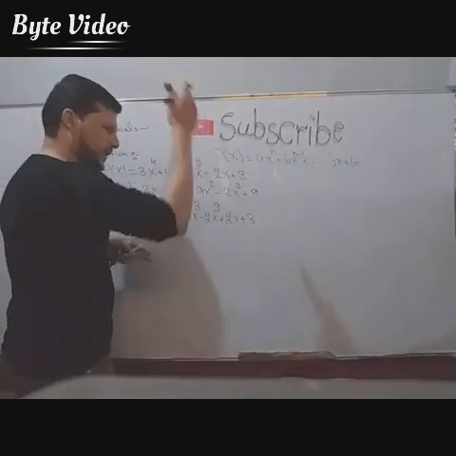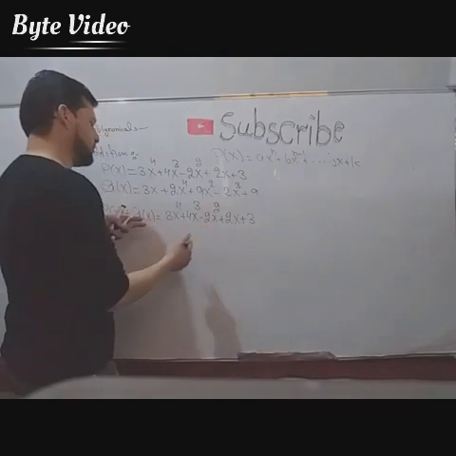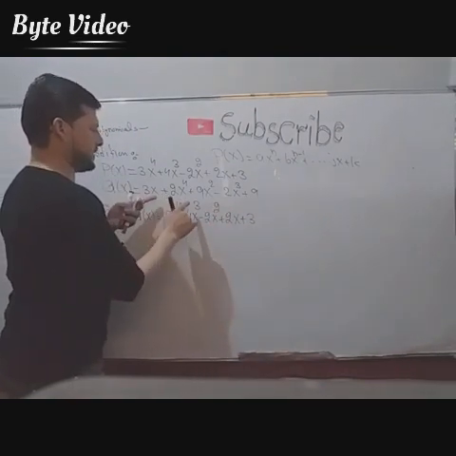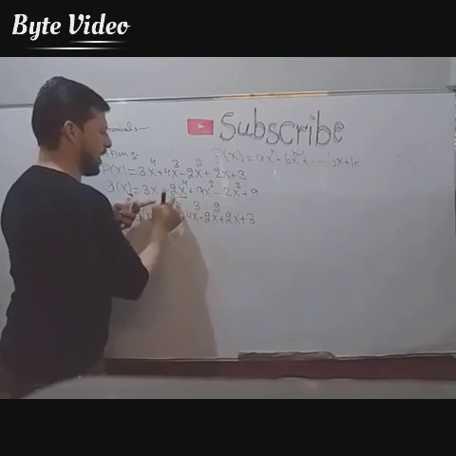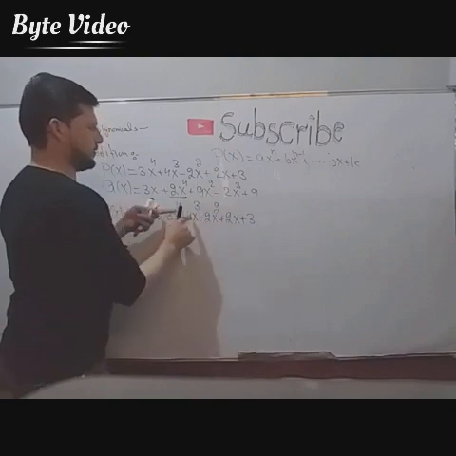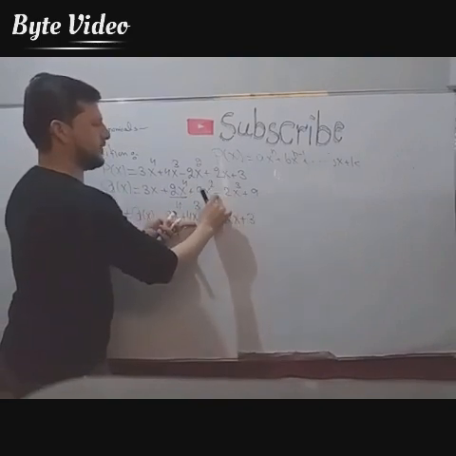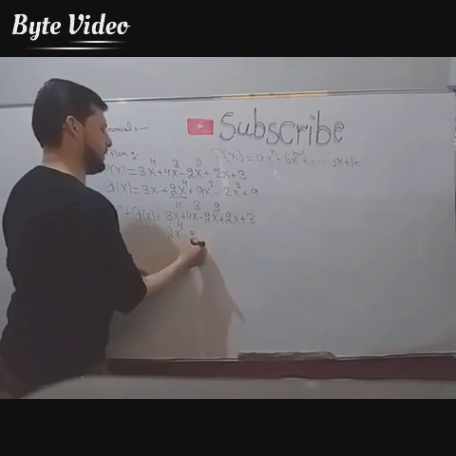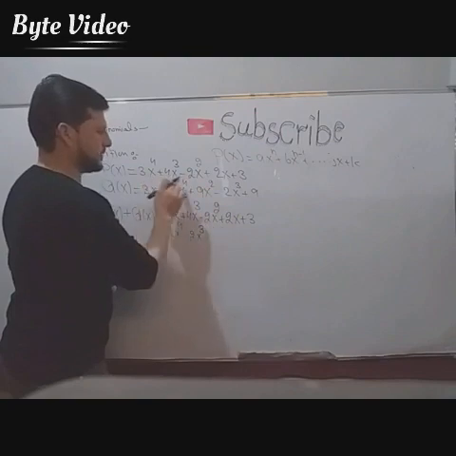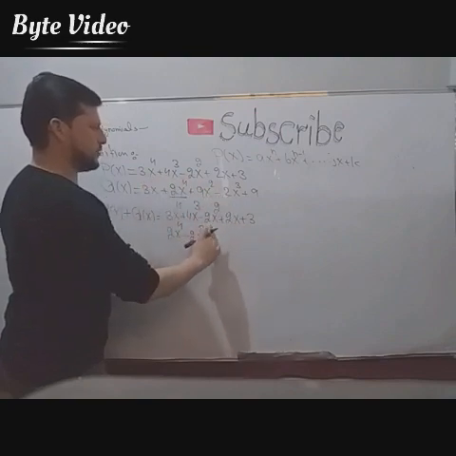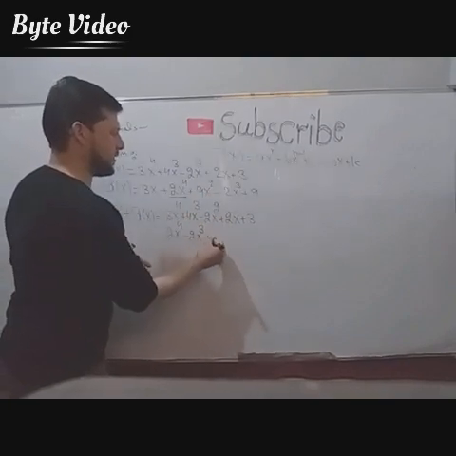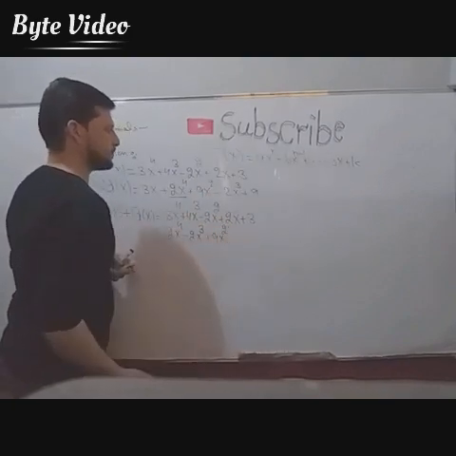You can write it in a vertical form or a horizontal form, but I'm going to write this in a vertical form. If I write it below this, 2x to the power of 4 here, you have to bring 2x to the power of 4 here. And here the x cubed term is negative 2x to the power of 3. And here is 9x to the power of 2, positive 9x to the power of 2.